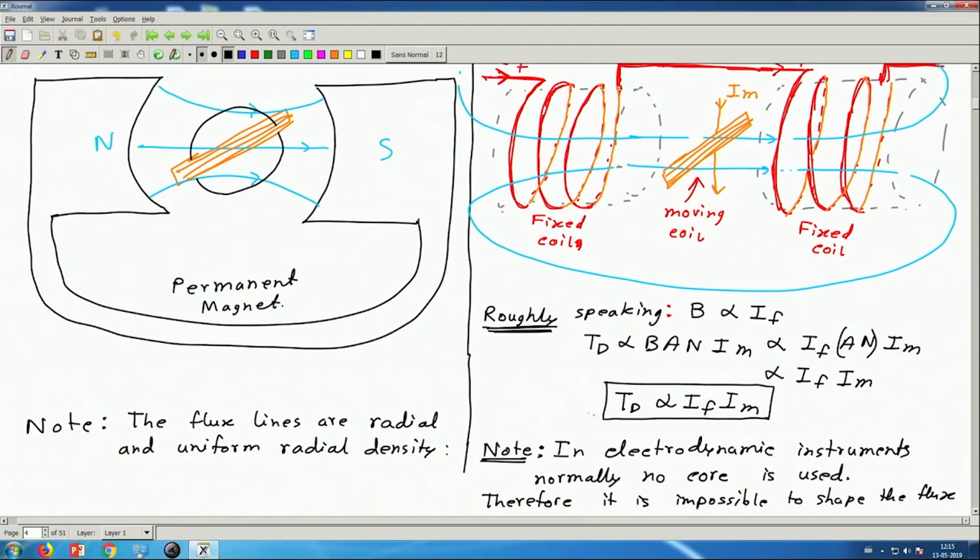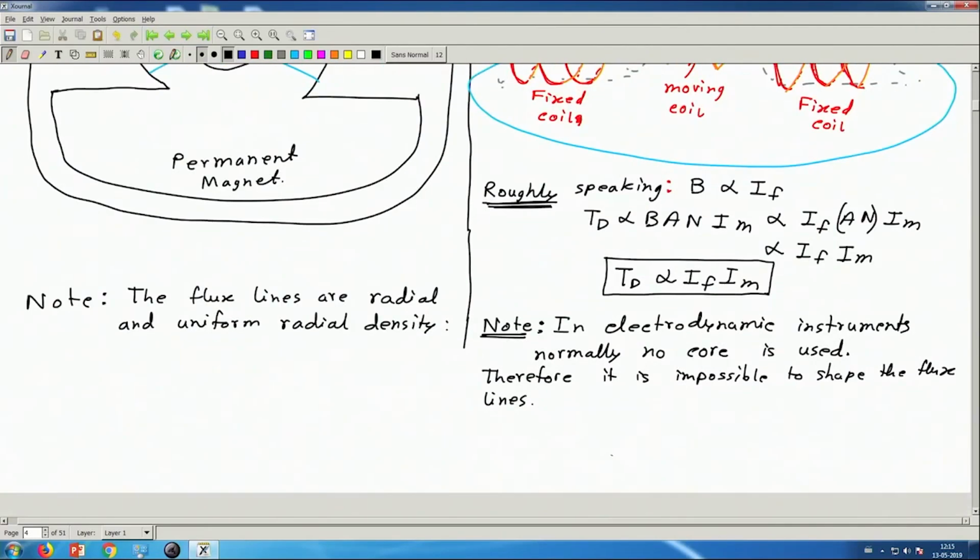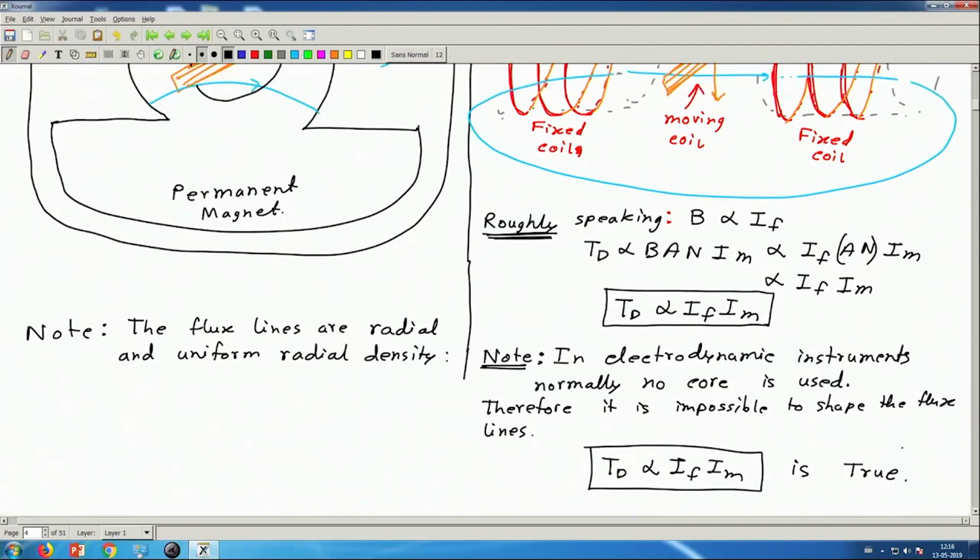So, this derivation is physically speaking not very precise, but this is true: TD is proportional to IF IM is correct, although this derivation is not very precise.